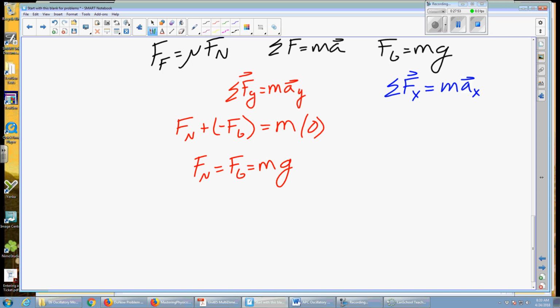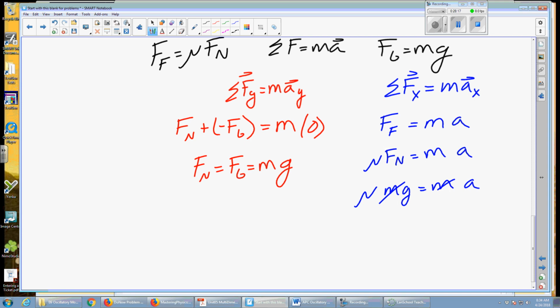In the x direction, I only have one force, and it's in the positive direction. That would be my frictional force, and m, and then my a is in the positive direction also. So this is mu force normal equals ma. Oh, I know force normal. So mu mg equals ma. The m's go away. I'm left with mu g equals a.